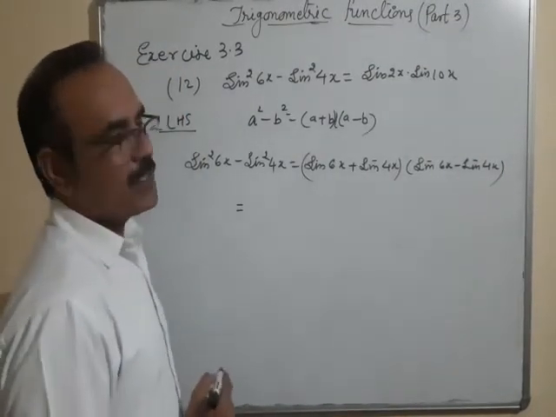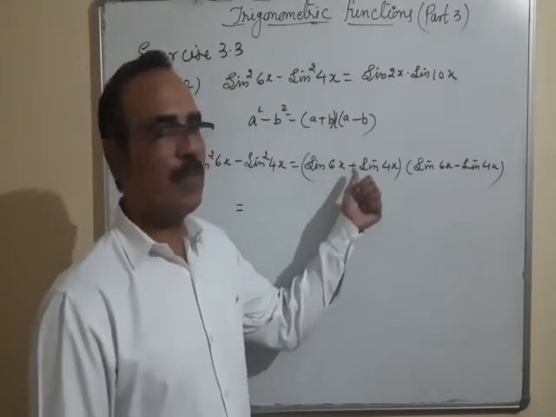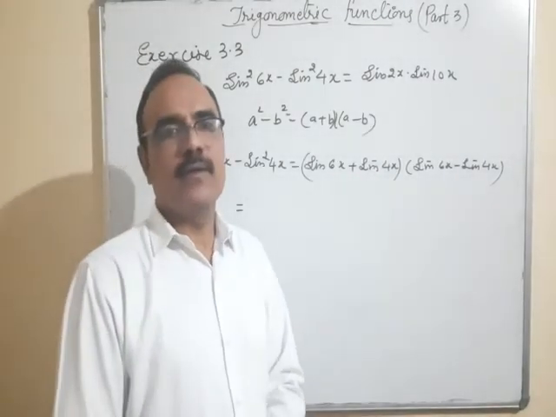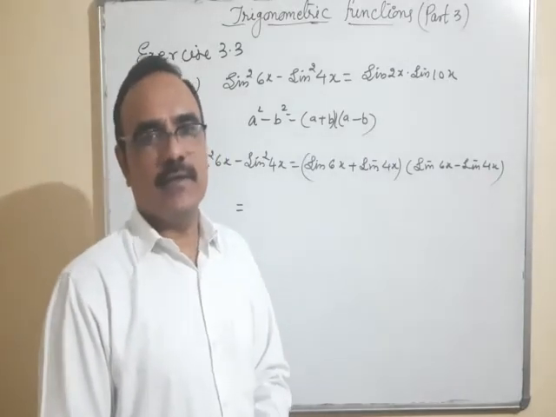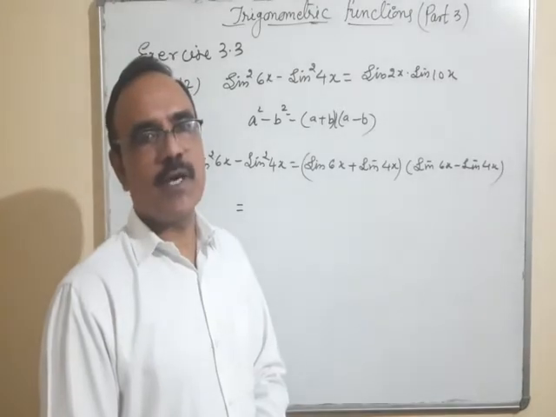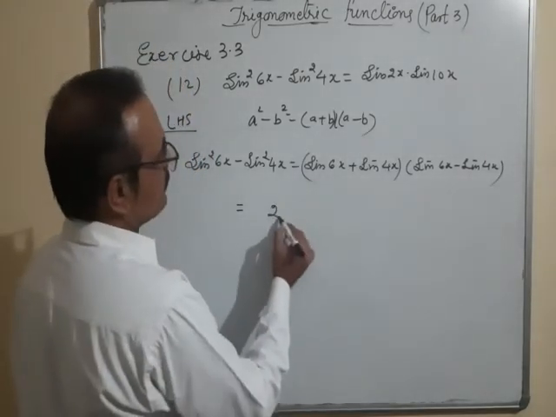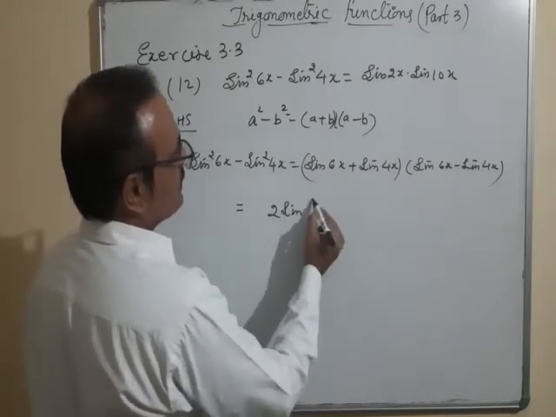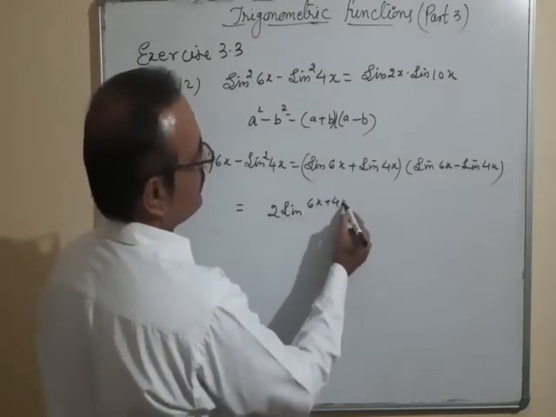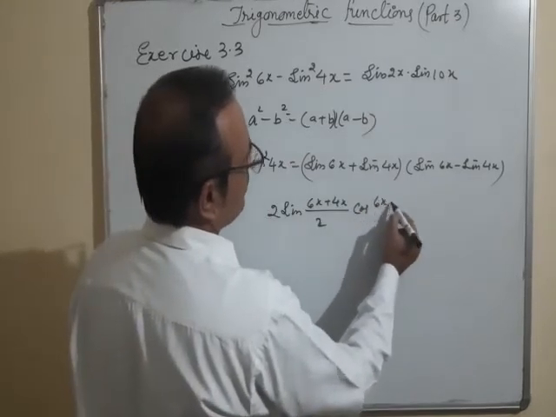After using a plus b, a minus b, there is one formula, sin c plus sin d. Do you know what it is? Sin c plus sin d is 2 sin((c plus d)/2) into cos((c minus d)/2). So I can use the formula: 2 sin((6x plus 4x)/2) into cos((c minus d)/2).